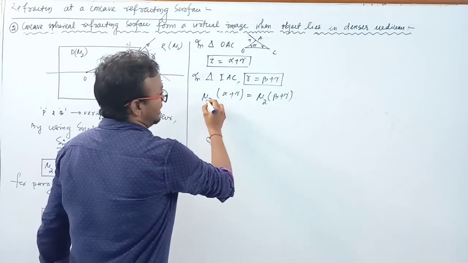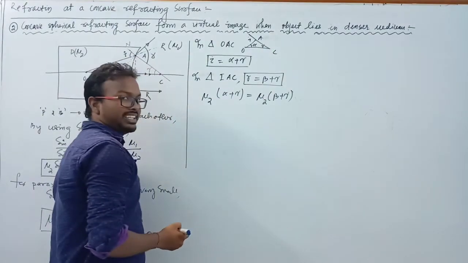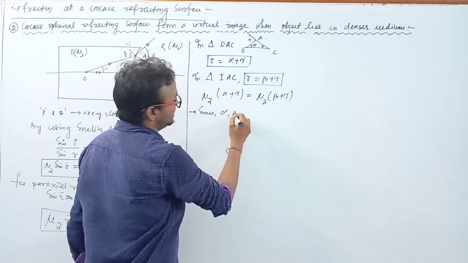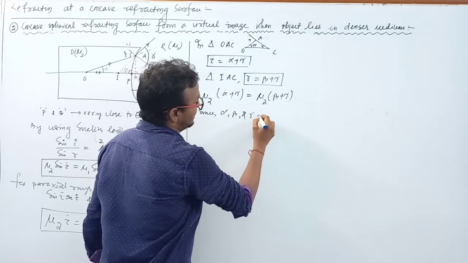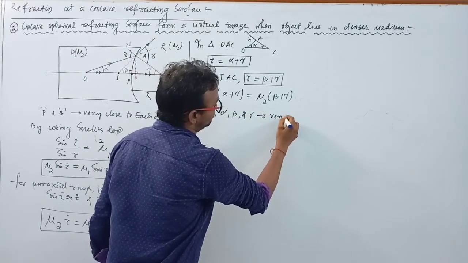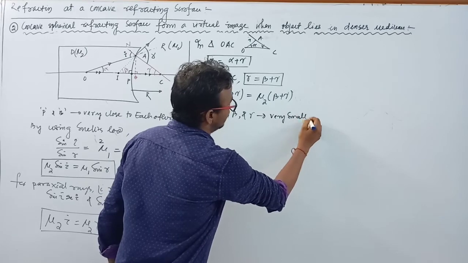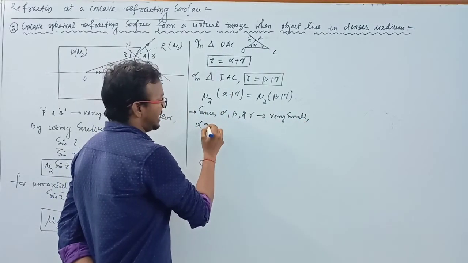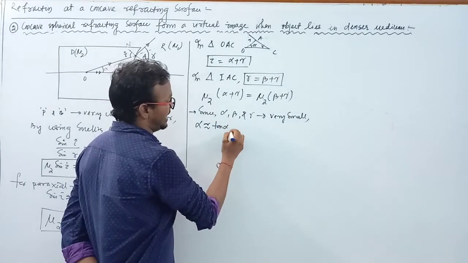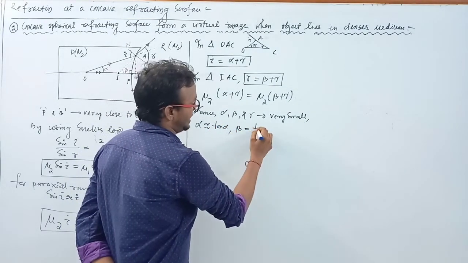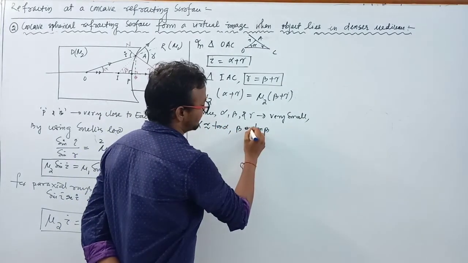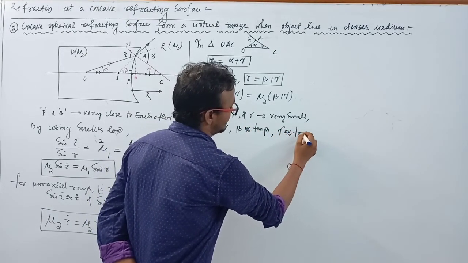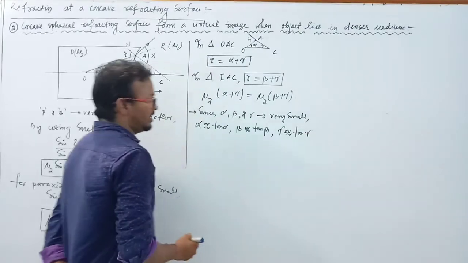But alpha, beta and gamma are very small, so these quantities can be replaced by their tangents: alpha by tan alpha, beta by tan beta, and gamma by tan gamma. Clear?